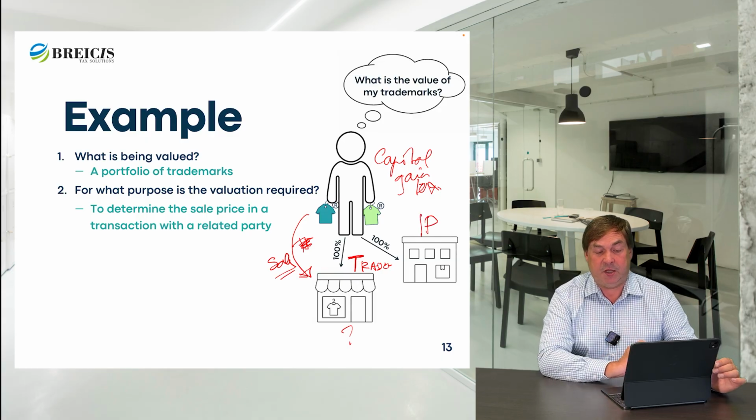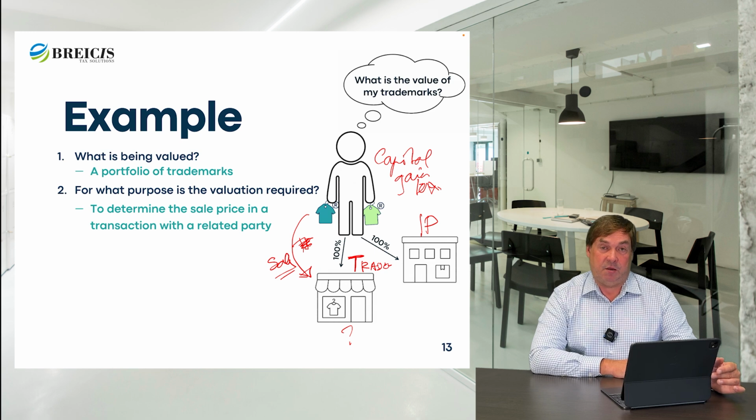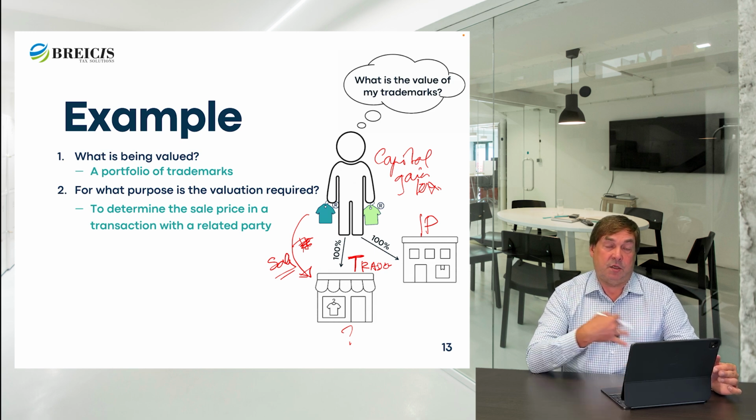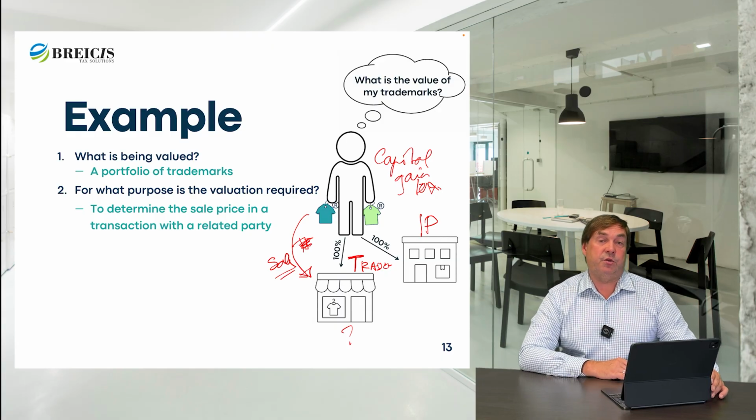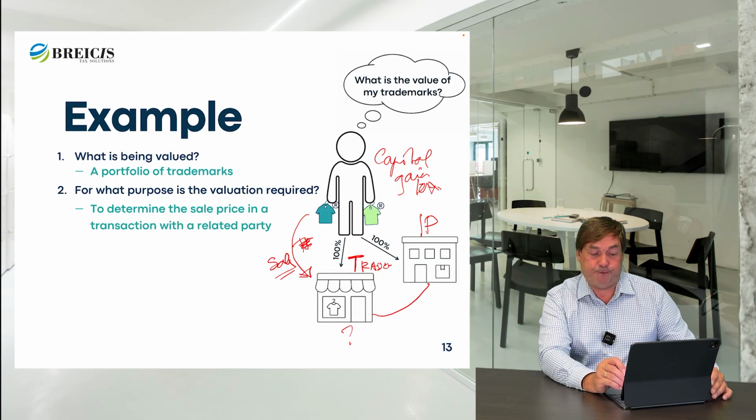Let's call it an IP company, and transfer those trademarks to this IP company. And in order to transfer these trademarks to the IP company without inheriting the risks of this trader, the only way is to sell those trademarks to the IP company.